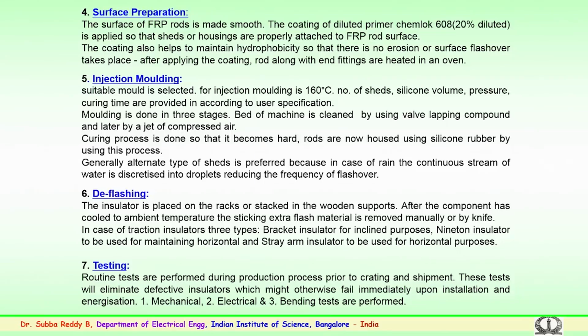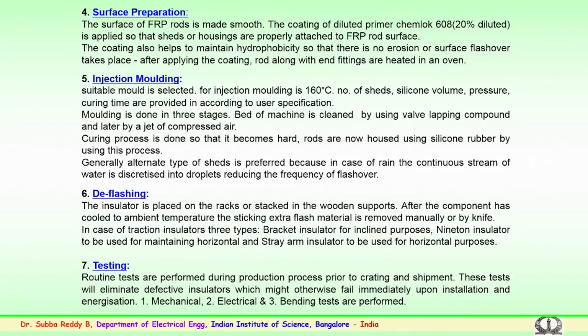This is mainly so that in case of rain, the continuous stream of water is discretized into droplets, reducing the frequency of flashover. If the sheds are uniform, because of the rain, flashover because of the water droplets could form and reduce the creepage length. So, to ensure that the sheds are of alternate type, bigger and smaller ones are normally used.